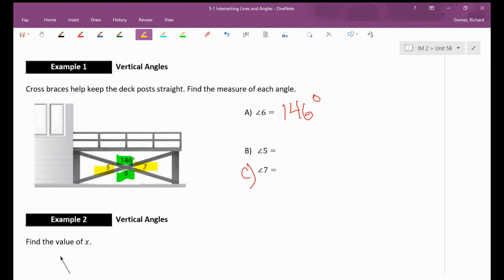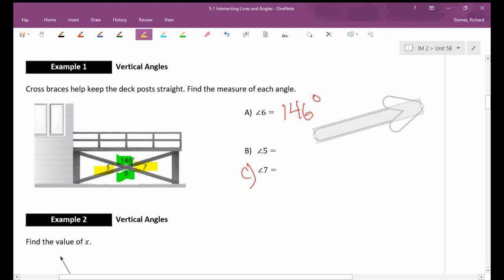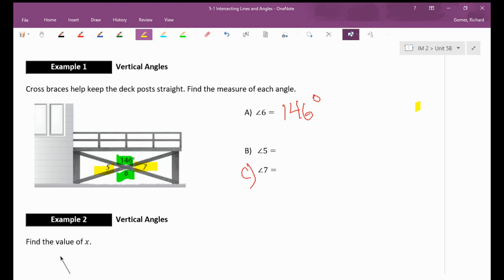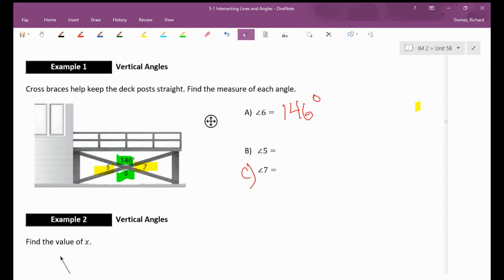So how do we figure that one out? Well, we use what we know about a straight line and angle pairs. So we have any straight lines, doesn't matter what kind of straight line. Let's just draw a regular straight line.